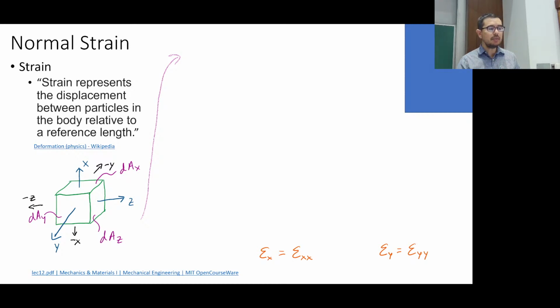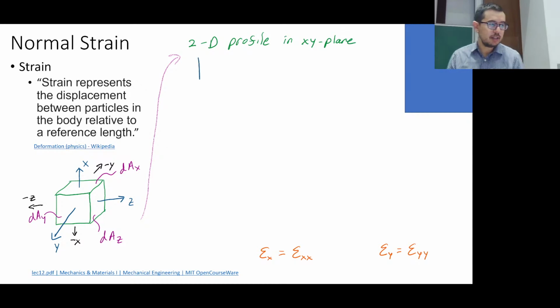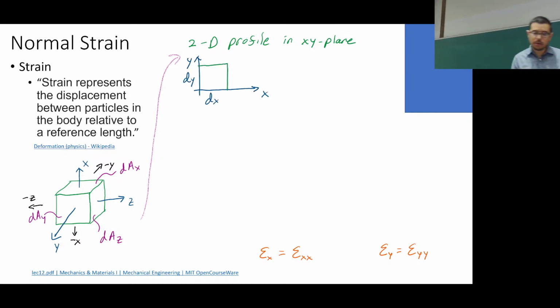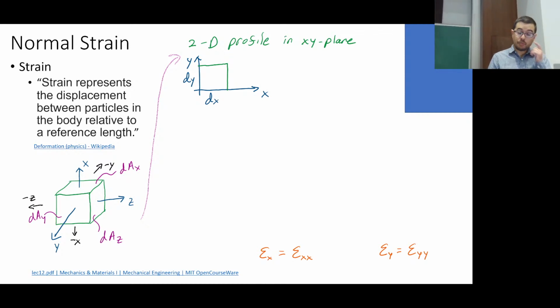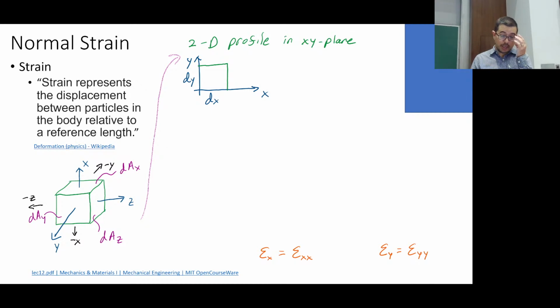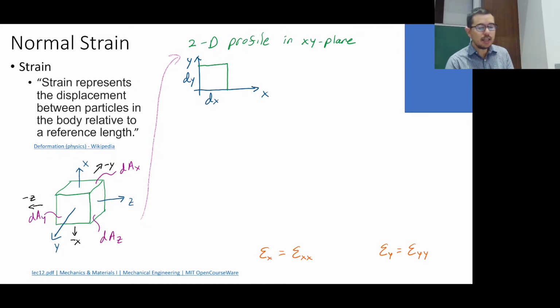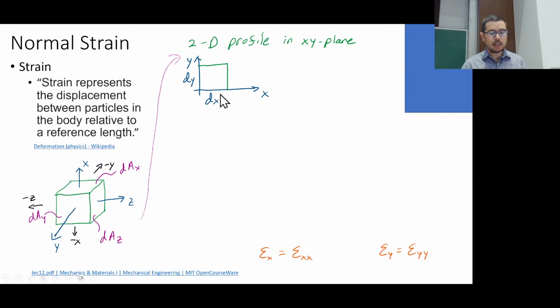So let's imagine that I have this little box or square or rectangle that we'll say is just an XY profile. So Z could be coming out of the board, if I wanted. And let's say it's infinitesimally small. That means I've got a dx for my width and a dy for my height.